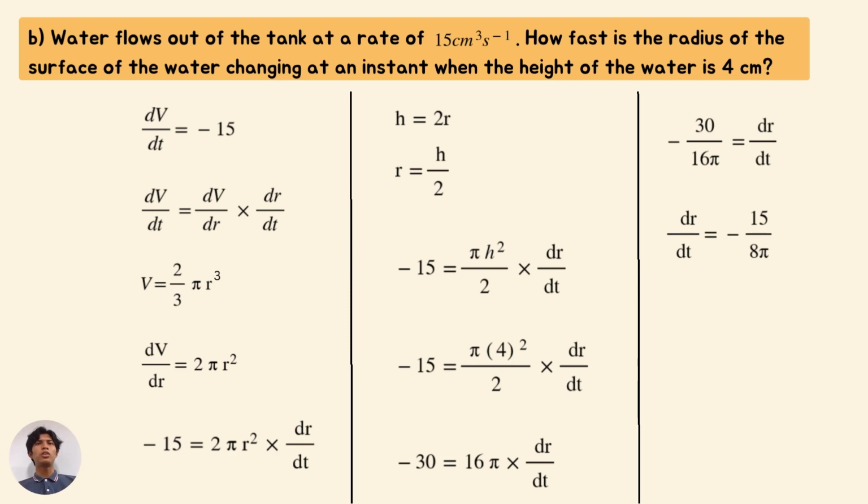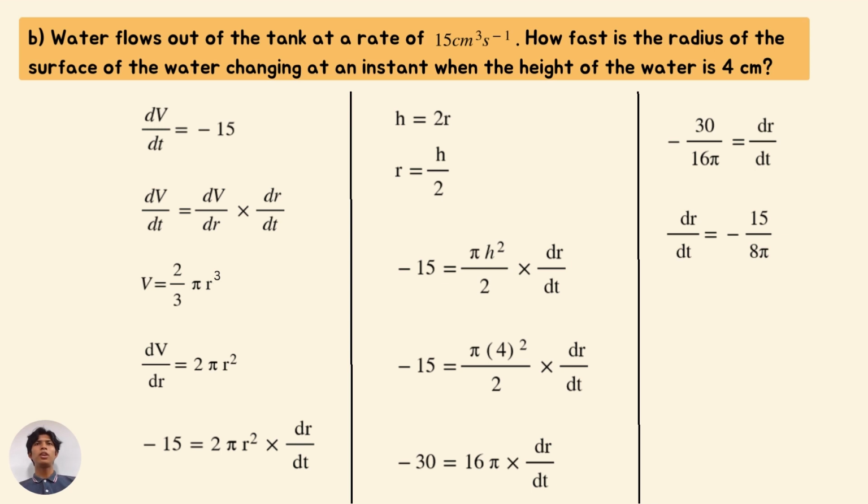Then the 2 under the pi 4 squared, we can move to the left side, so negative 15 will be multiplied with 2. So we write the answer as negative 30 equal to 16 pi multiplied with dr over dt. The 16 pi came from 4 squared, and the 16 pi can be moved to the left side, and it will become negative 30 over 16 pi equal to dr over dt.